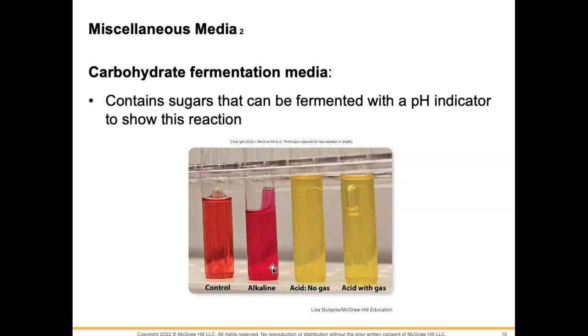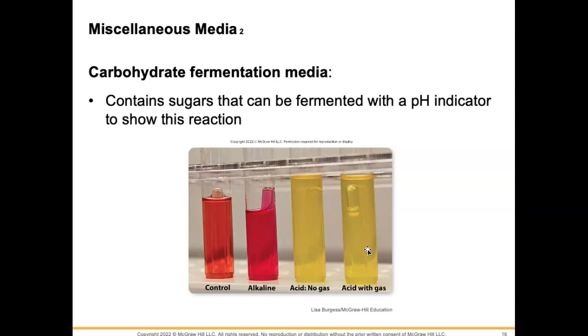If specimen B is known to cause this color change, then we know that this would be specimen B and this would not be specimen B. Examples here are that it can make it alkaline, it can make it acidic, and it can make it acidic with gas, and you can see this little bubble. So all these results are indicative of different types of microorganisms.